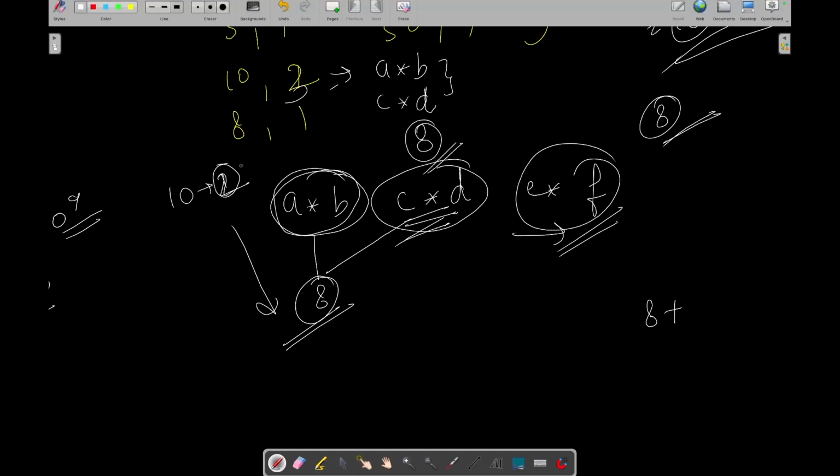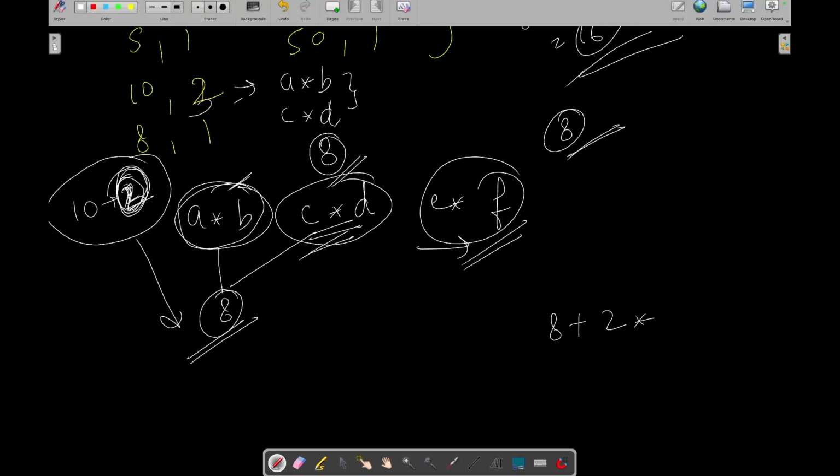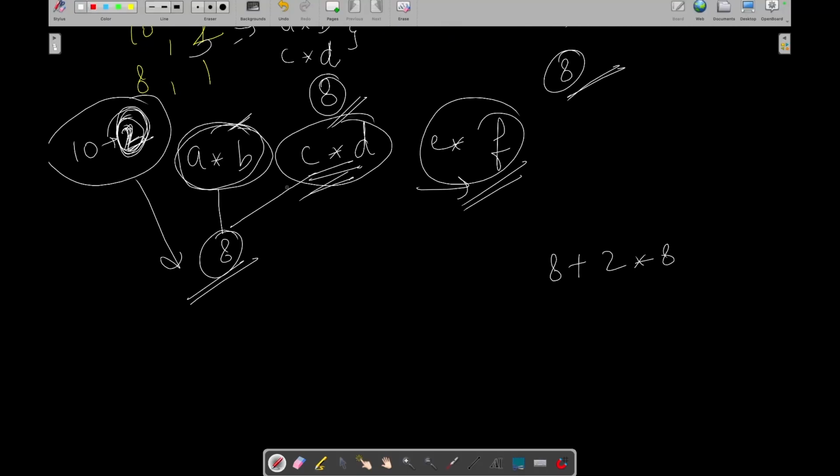So we will see, oh, 10 has already occurred, and there were 2 pairs which gave 10 as the product, right? So what we will do is again multiply 2 by 8. Why? Because A into B equals E into F can form 8 tuples, and C into D equals E into F can form 8 tuples, right?